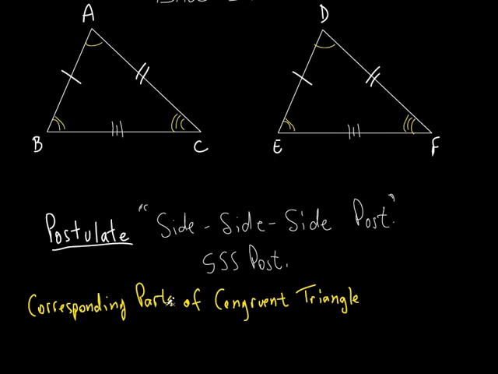If I have corresponding parts of congruent triangles, look, these triangles are congruent now, aren't they? Because the sides are equal. So that means that A is equal to D. That means B is equal to E, and it means C is equal to F. Why? That's the big reason, and you're going to have to show me why. It's because the corresponding parts of the congruent triangles, because I know they're congruent now, are congruent.